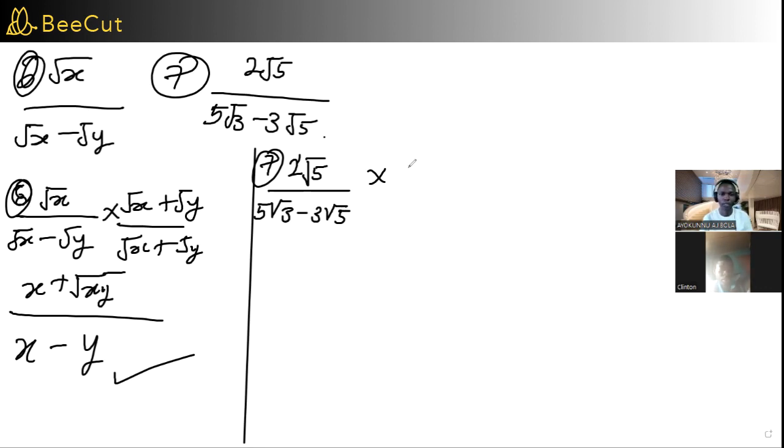So we multiply by 5 root 3 plus 3 root 5, all over 5 root 3 plus 3 root 5.